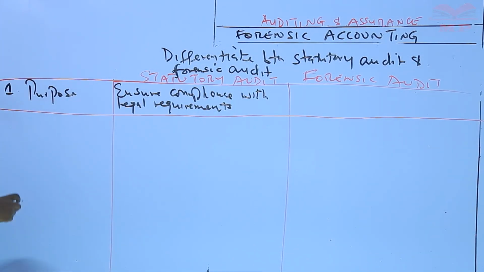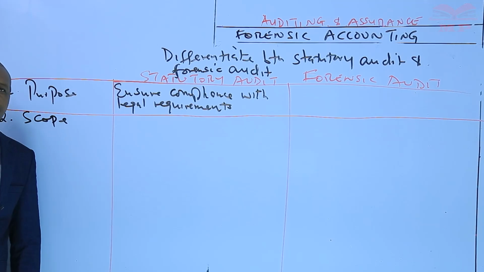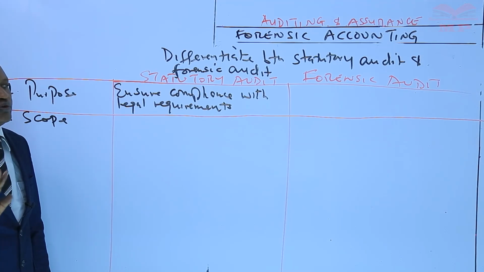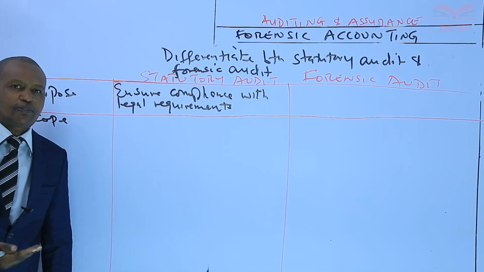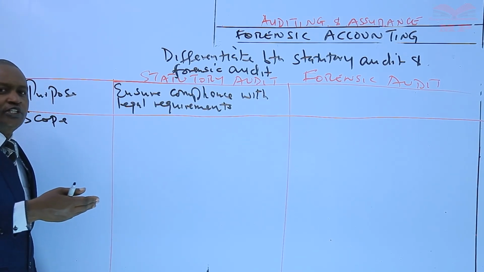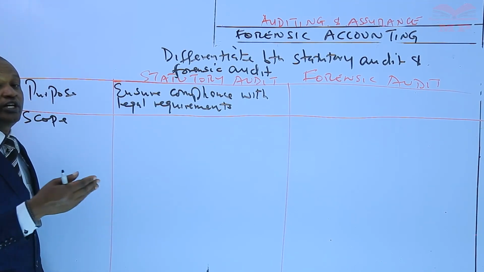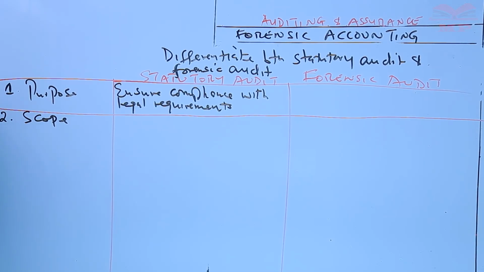The second basis for distinguishing the two is the scope. A statutory audit focuses on examining financial records, transactions, and internal controls to determine whether the financial statements present a true and fair view of an organization's financial position.